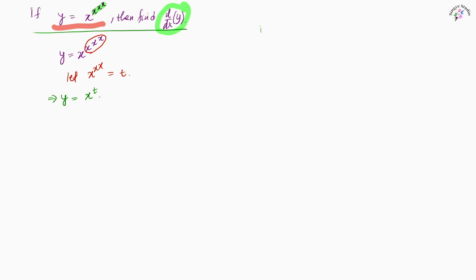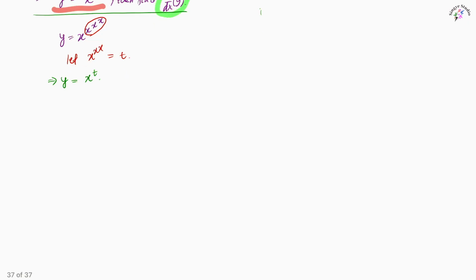So we will use implicit differentiation, and we will also use the logarithmic concept to differentiate this function. If we take logarithm on both sides, we get ln y equals t times ln of x. Now we can differentiate this implicitly.